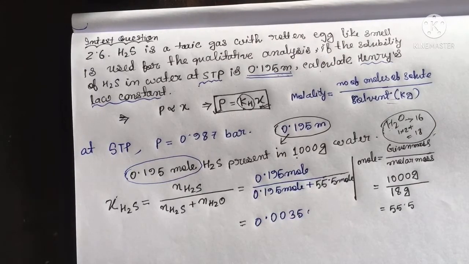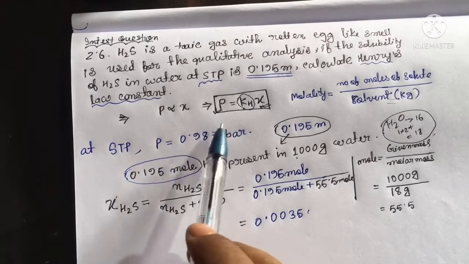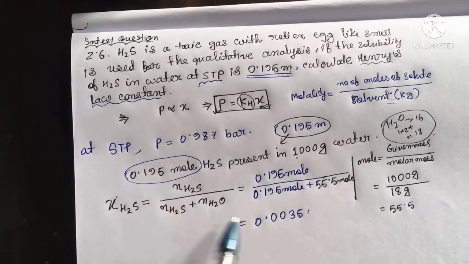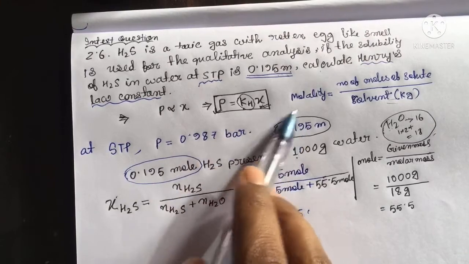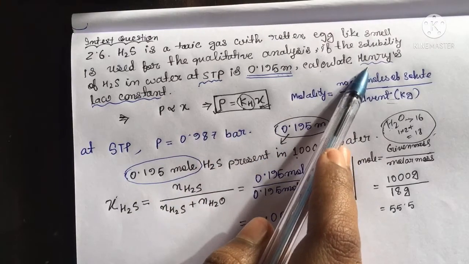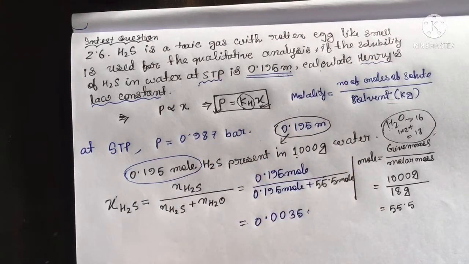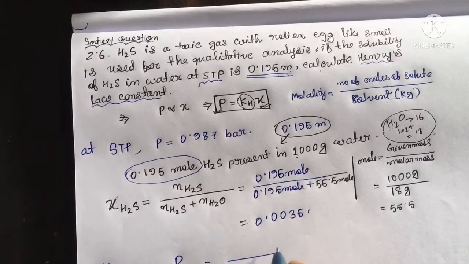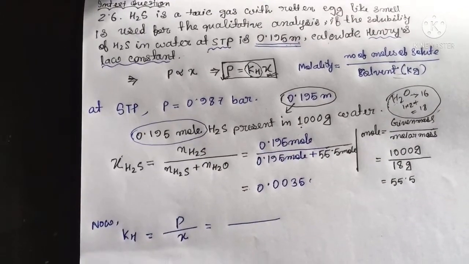So we get the value of x, and we also know the value of p, so now it's very easy to calculate the Henry law constant. Henry law constant KH equals p divided by x.